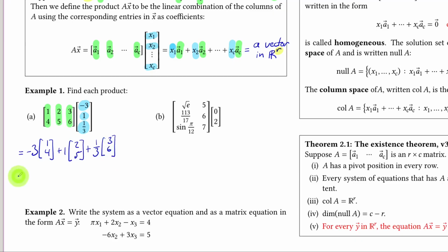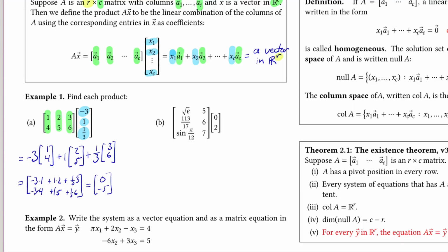And you could write this, if you want, as -3 times 1, plus 1 times 2, plus 1/3 times 3 as the first row. Same idea with the second row. And the result is the vector (0, -5).